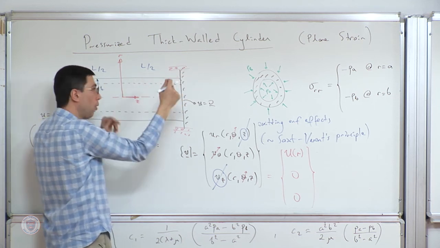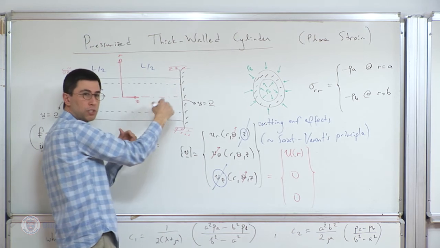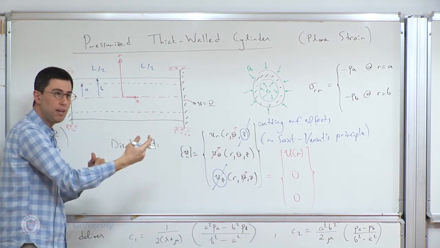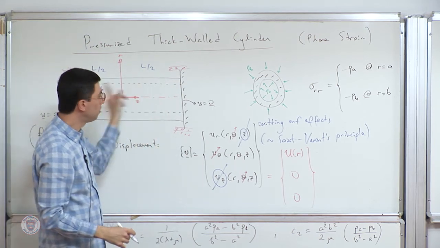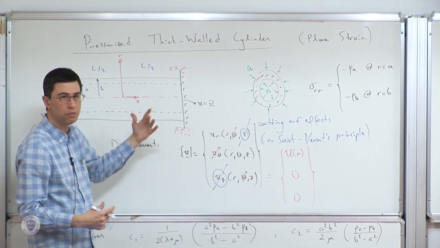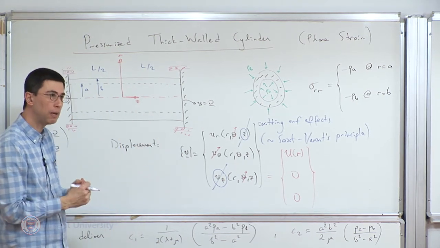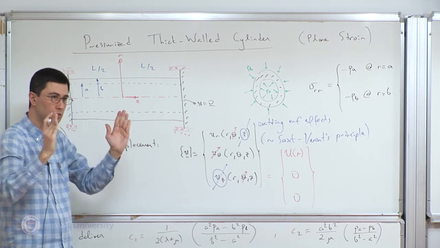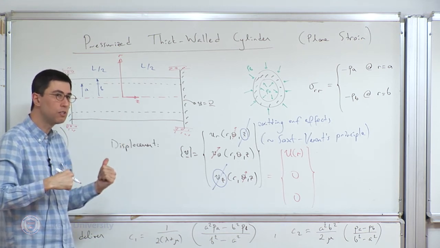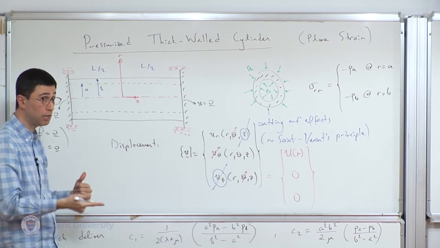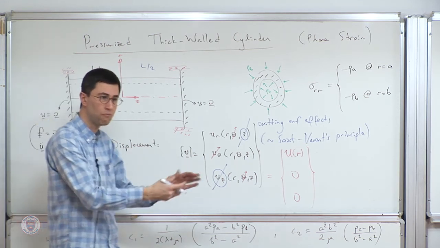So the boundary condition for such a modified problem would be not that the displacement in the Z direction is 0, it would be something else, perhaps a linear variation, but that the axial stress is 0. When I say UZ is 0, I say that the axial strain is 0. That's a condition I'm imposing from the outset.